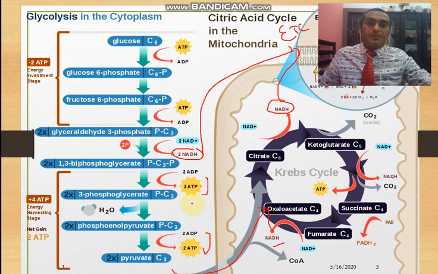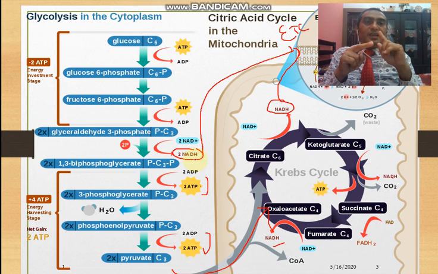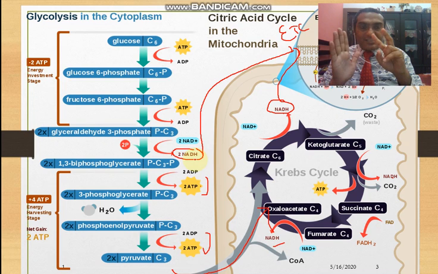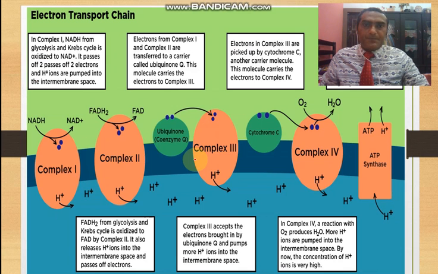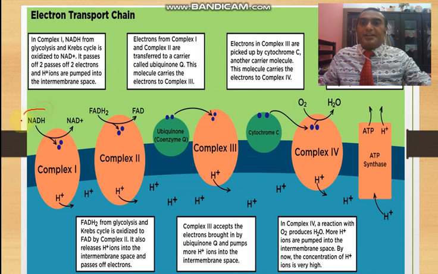And 4 NADH: 2 NADH produced by glycolysis, and 2 NADH produced by the oxidation of 2 pyruvates. 2 plus 2 is 4, and 6 NADH from the Krebs cycle. So the total will be 10 NADH. So let's move on with this NADH.